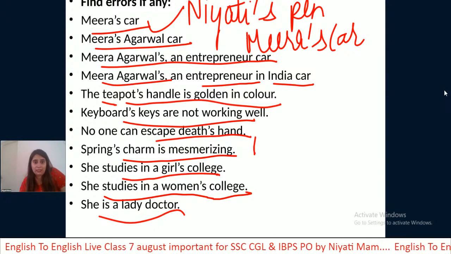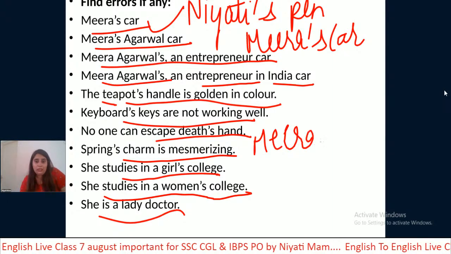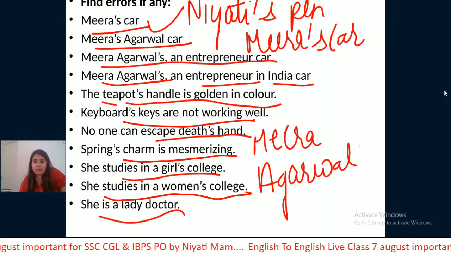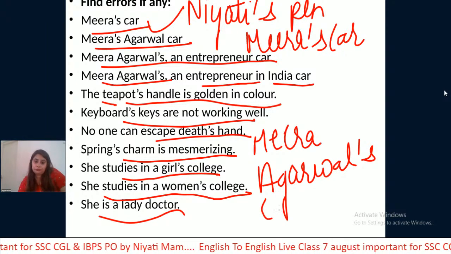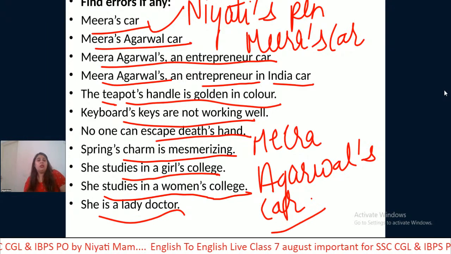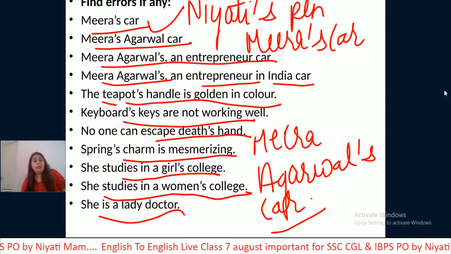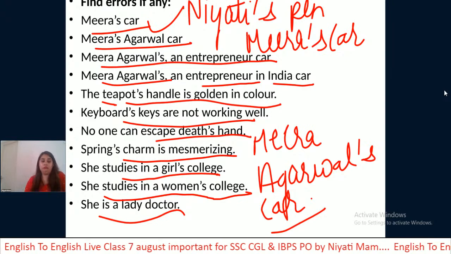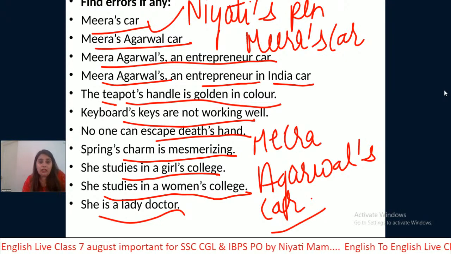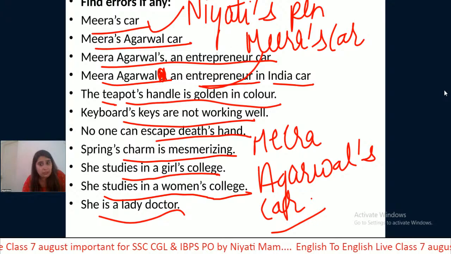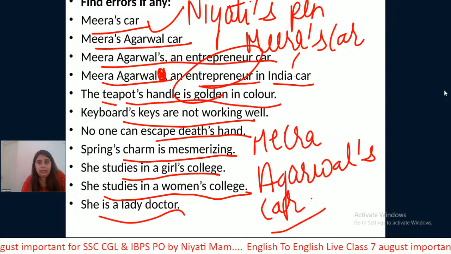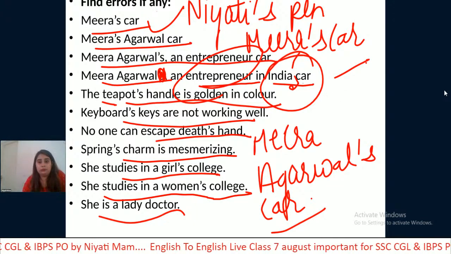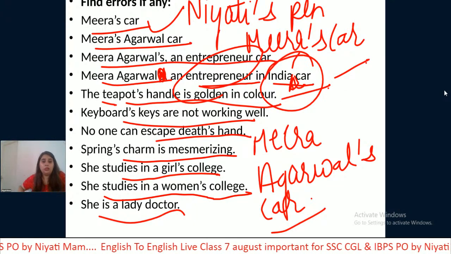It would be correct in the form Meera Agarwal's car. Meera Agarwal, she's an entrepreneur in India's car. Indian car, not India's car.